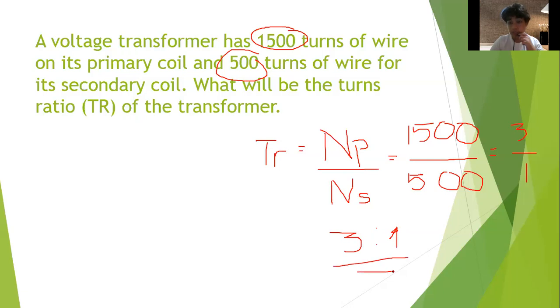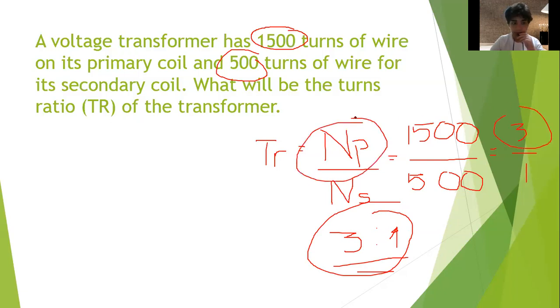So what does this mean? This ratio of 3 is to 1 simply means that there are 3 primary windings for every 1 secondary winding. As the ratio moves from a larger number on the left to a smaller number on the right, the primary voltage is therefore stepped down in value as shown.